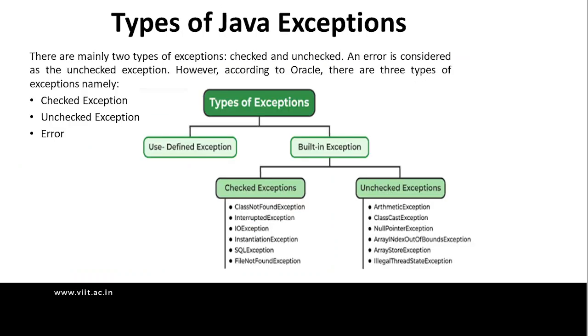Types of Java exceptions. There are mainly two types of exception, checked and unchecked. An error is considered an unchecked exception.